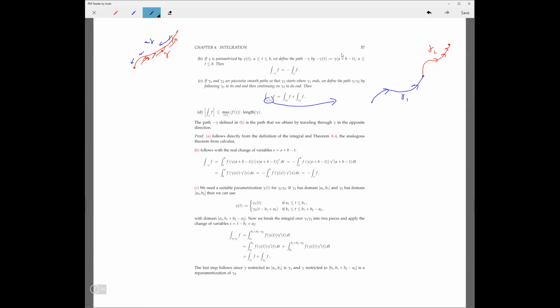Then you could say the whole thing is gamma 1 followed by gamma 2. That means you follow this path to the end, and then at the end, gamma 2 starts and you follow that. So you can look at it as one big path. The usefulness of this is if you're given some weird path, you can define it in two different ways. Let me give you an example.